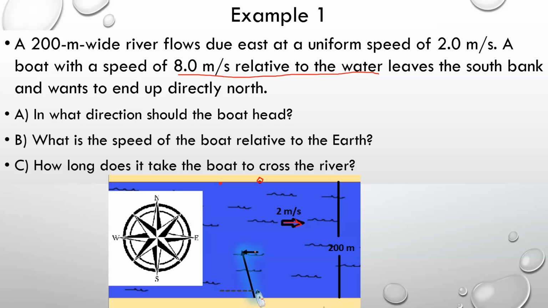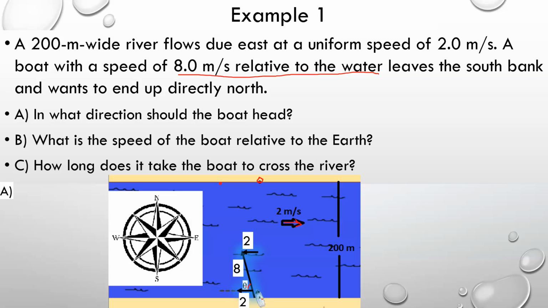And that's in order for it to cancel out with this 2 meters per second going east. So that's our 8, and that's our 2. And we want to end up finding this angle that I've marked right here. So that 2, you can just transpose it down here. So now we can really easily use trigonometry to solve for theta here.